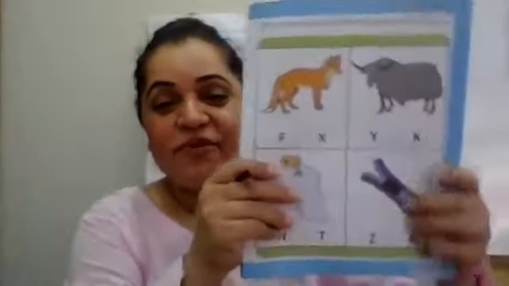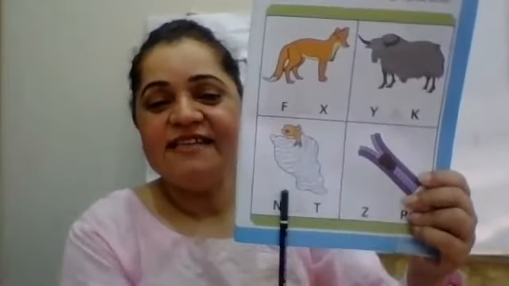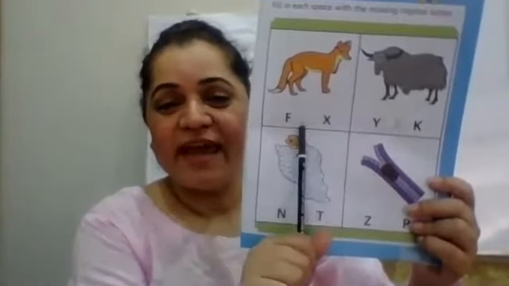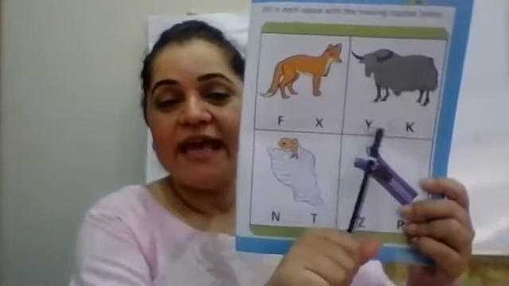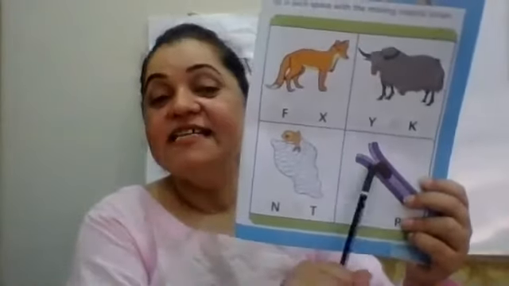You're going to write here Z, right? So we have done fox, yak, net, zip. That's nice. Very well done.